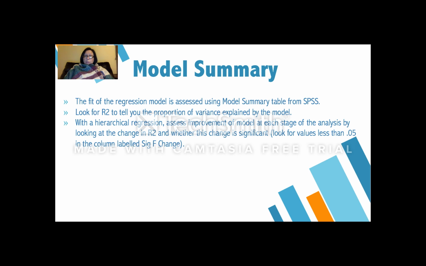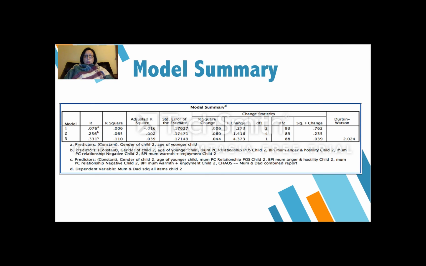And remember that we chose a hierarchical method, and so each set of the summary statistics is repeated for each stage of your hierarchy. And SPSS tells us what the dependent variable or outcome variable was and what the predictors were in each model with these small alphabetical letters.